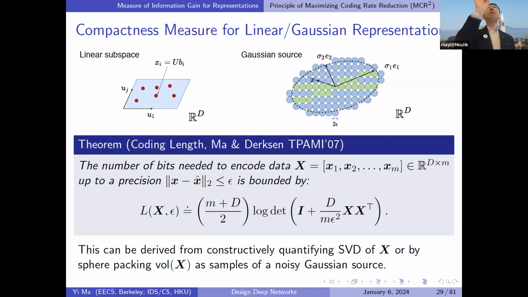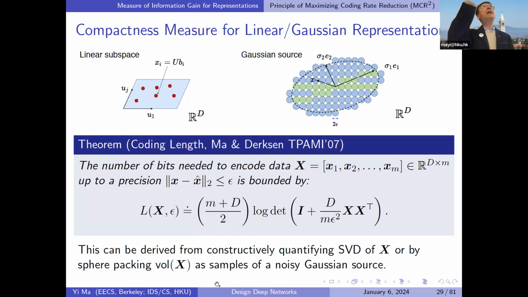For both the algebraic subspace and the probabilistic Gaussian distribution, the coding length is the same formula. It's kind of interesting. They're actually the same formula, the same upper bound, a very tight, asymptotically tight upper bound for the coding length.